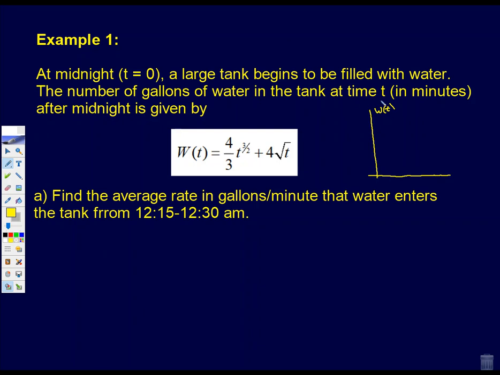And we're told that that measures the number of gallons. Okay, so the unit of this scale is gallons. The other scale is going to be the time. The independent variable is time, t, and it is told to be measured in minutes. Not just minutes, but minutes since midnight.